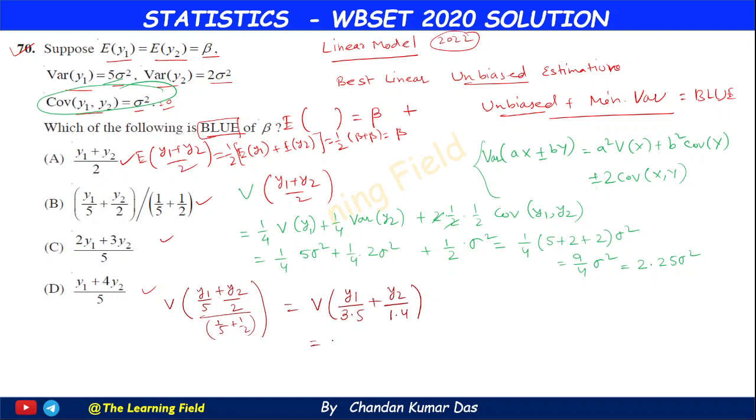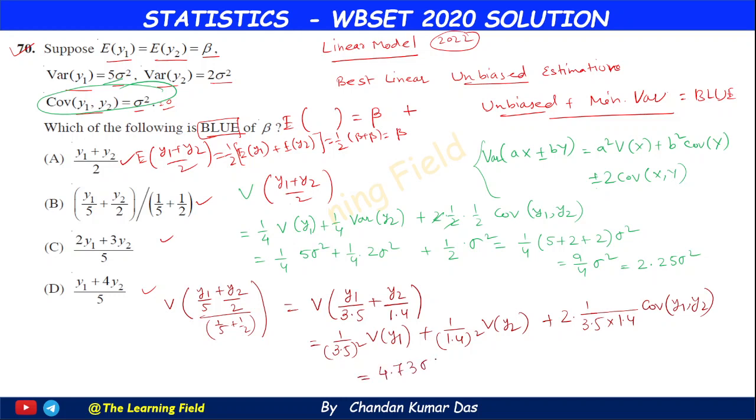So this is equal to 1 by 3.5 square variance of y1 plus 1 by 1.4 square variance of y2 plus 2 into 1 by 3.5 into 1.4 covariance of y1 and y2, and after putting these values and calculating, we get the value equal to 4.73 sigma square.